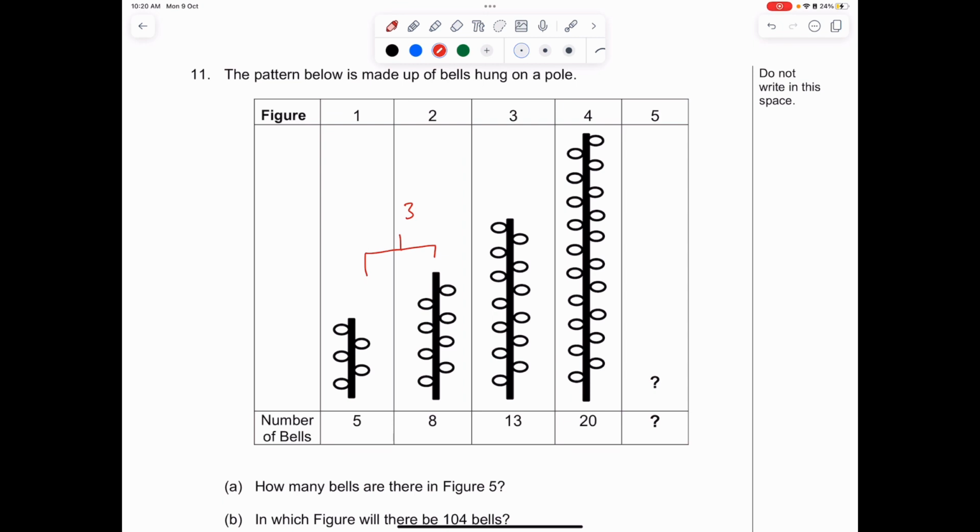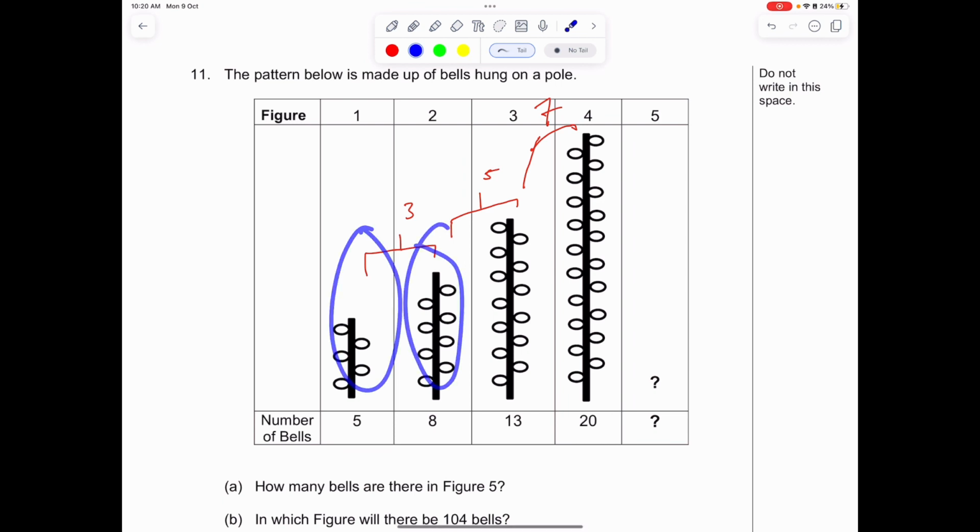And then the difference between here is 5. And then the difference between here is 7. So you realize that the difference between every single row is actually a plus 2.